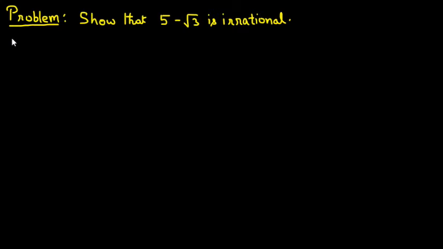Our next problem is to show that 5 minus root 3 is irrational. So the solution is, let us assume 5 minus root 3 is rational.